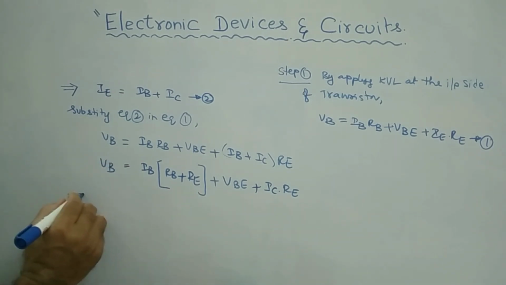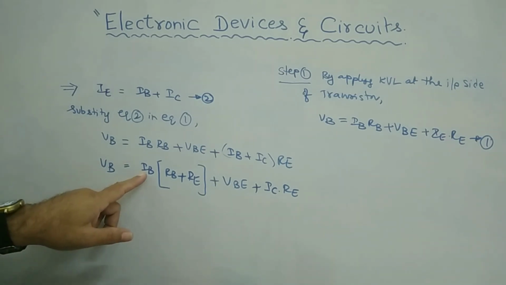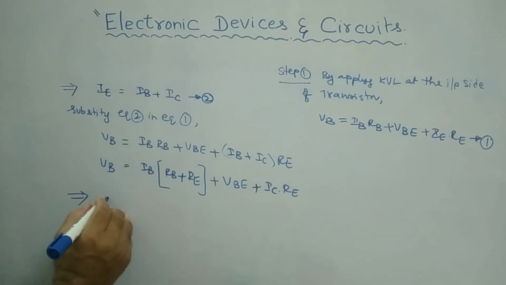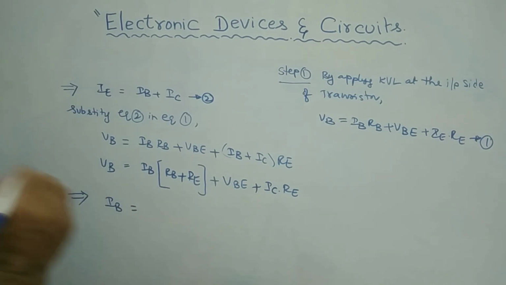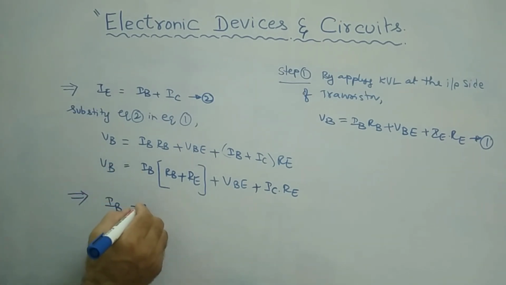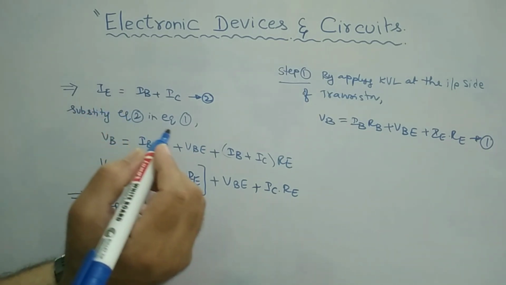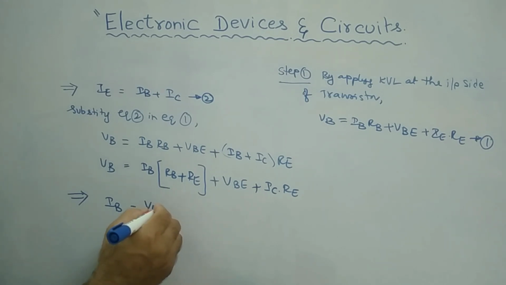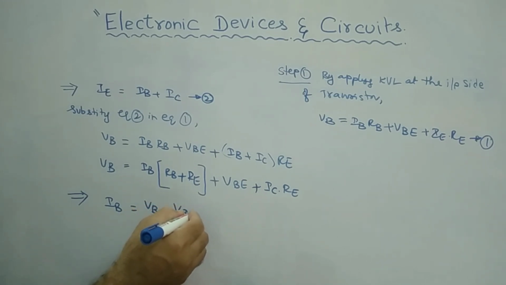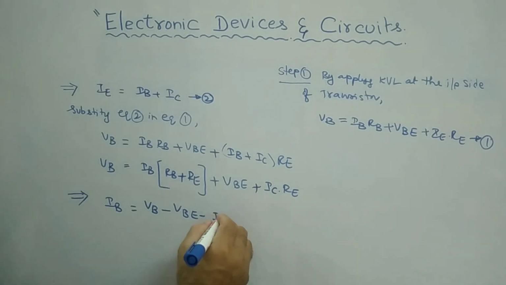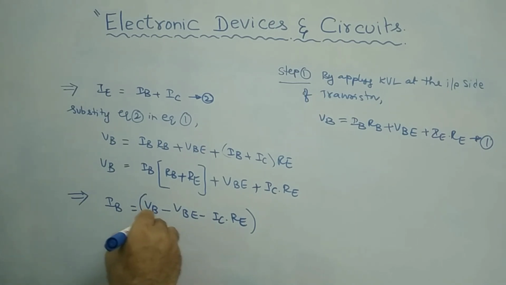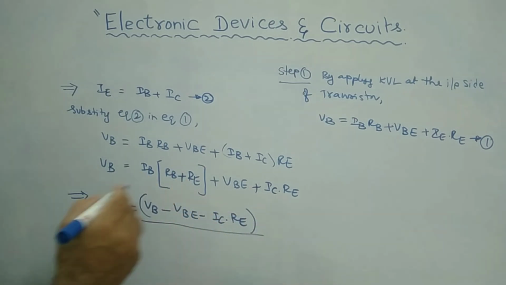And from here, what do I need actually? I need an expression for IB only. I am solving this expression to find IB. Therefore IB is equal to VB, then bring VBE and IC RE, everything to the left side. Therefore VB minus VBE minus IC into RE, divided by RB plus RE.